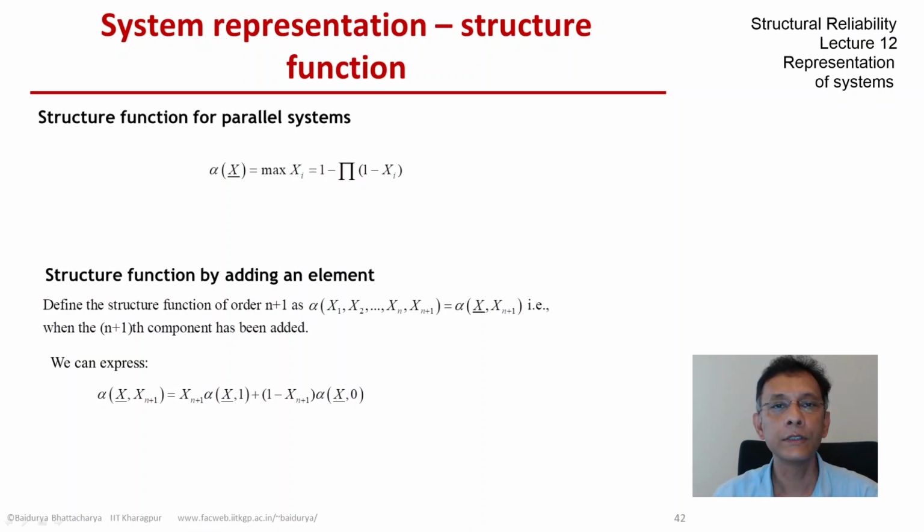For one case the new element is up, which is alpha of x vector comma 1, and for the other case the element is down, so alpha of x vector comma 0. The first term on the right corresponds to the fact that the new element is up, and the second term on the right corresponds to the case when the new element is down. And you can express the structure function of the augmented system in terms of the sum of these two.